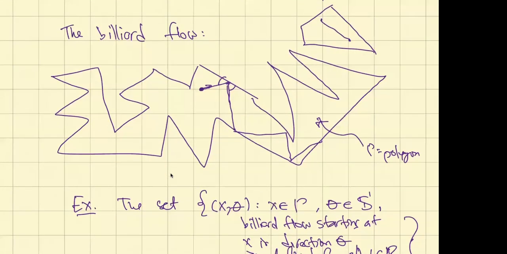But if you start with a complicated shape and you have these 2 points A and B here, who's to guarantee that you can get from A to B by a billiard path? So this was an open problem. Is the question clear to everybody?